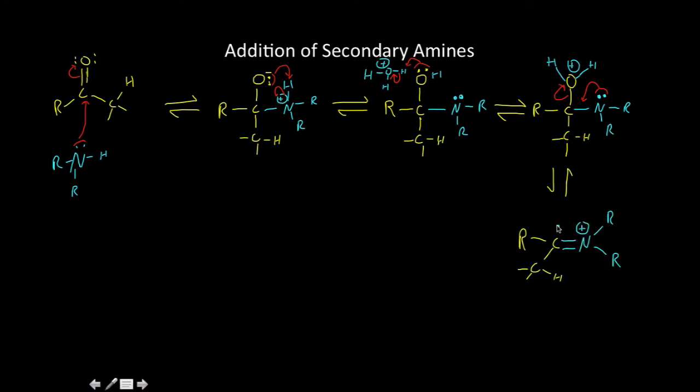Just like before, when we talked about primary amine additions, whenever we got to this step, we have our positive charge here. There is a proton that we could pluck off that would leave behind some electrons that we could use to stabilize everything. But now we don't have that luxury because this is all R groups. There's nothing that we can react with. So the next step is really the differentiating step between the two species.